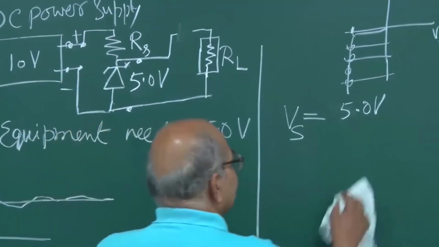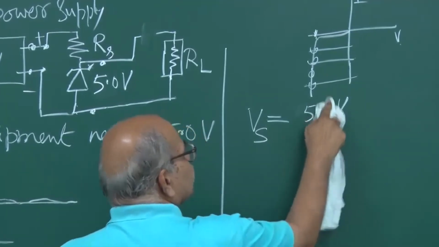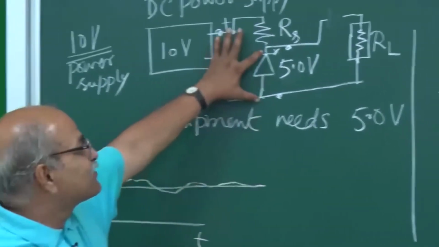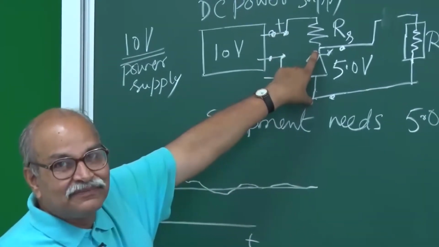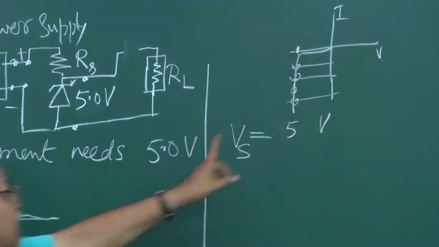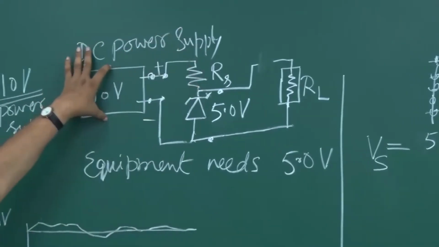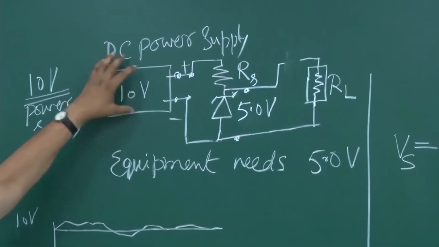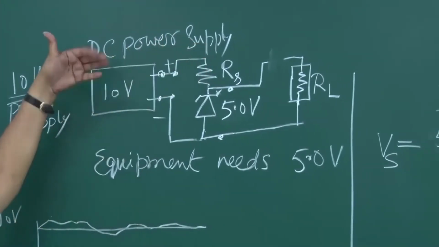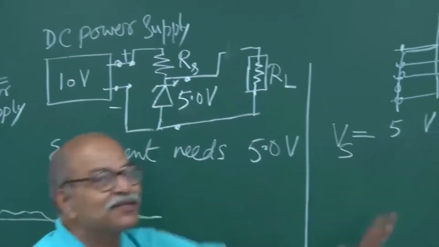What is the difference? Why not 5.0? Why 5? Because the Zener voltage is fixed at 5.0, that comes from this characteristic. But this voltage fluctuates with the power supply. If power supply goes to 10.1, this will go to 5.1. If power supply goes to 9.9, this will go to 4.9. So I should not write 5.0 here.